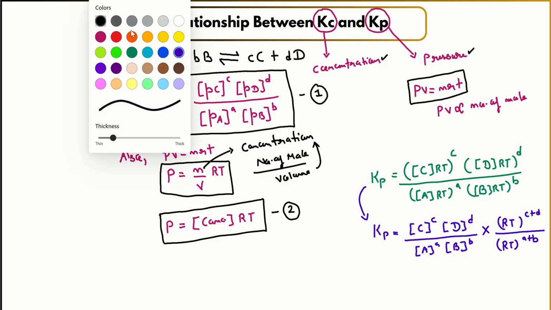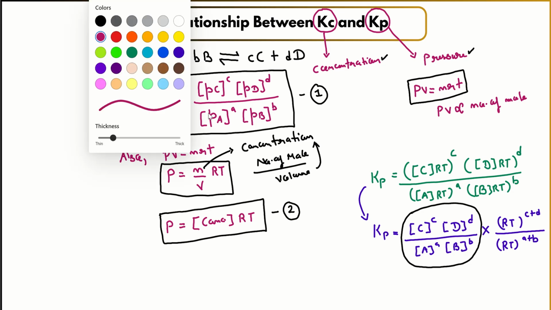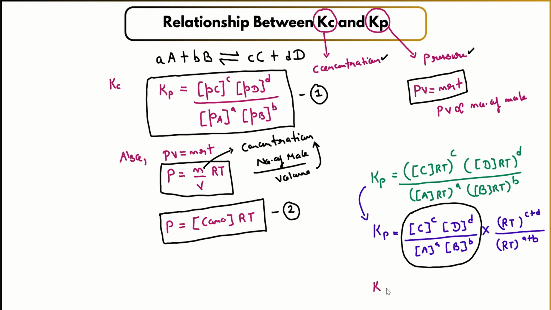Now guys, you know that if you look here, what is this? C raised to the power c, D raised to the power d upon A raised to the power a and B raised to the power b. We know that this is Kc, the equilibrium constant in concentration.